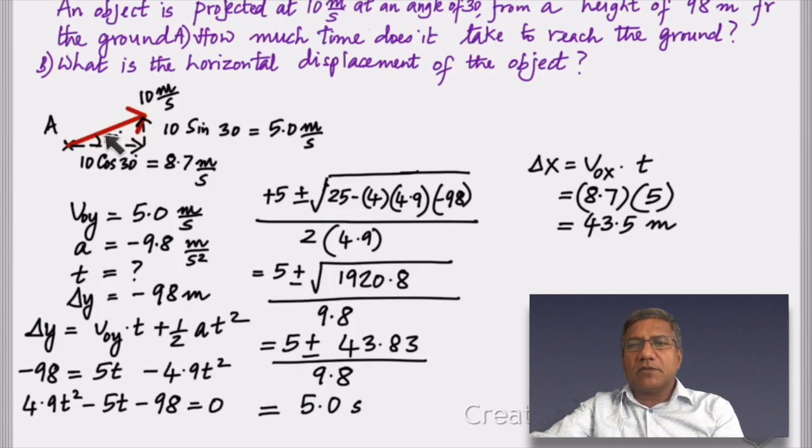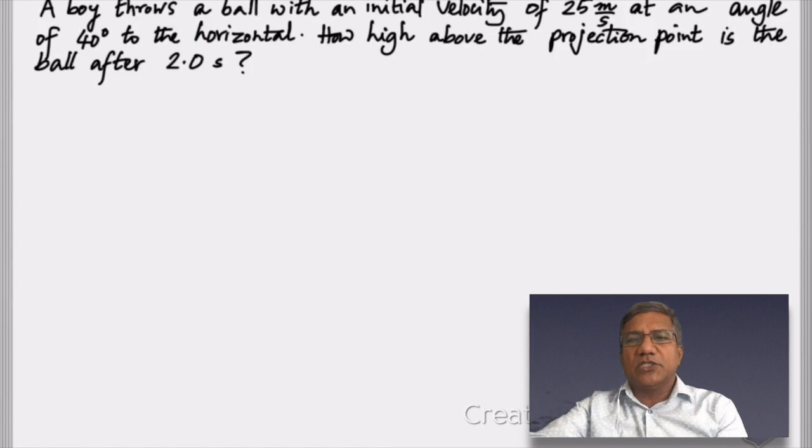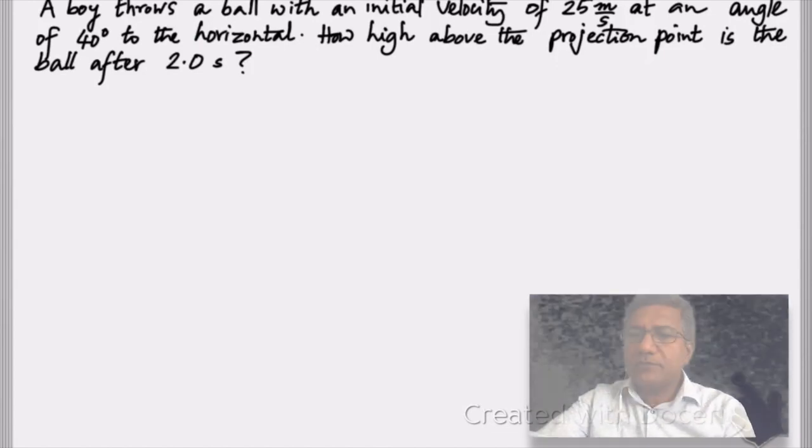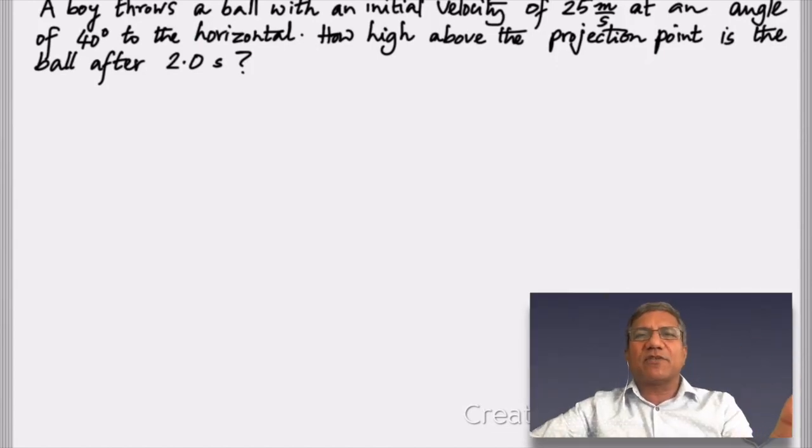So just to review, remember that when you're given a velocity at an angle, you always got to break it into its horizontal and its vertical. Use the vertical component to find the time, and then use the horizontal component of the velocity to find the horizontal displacement.